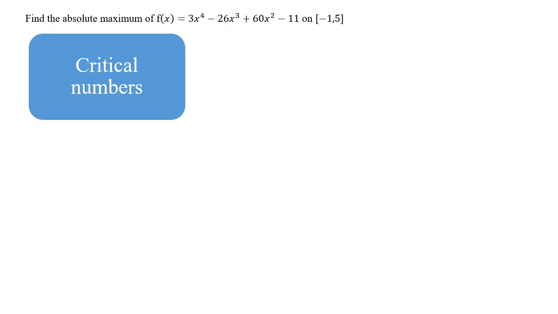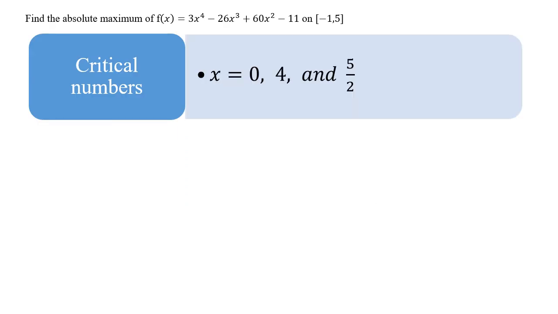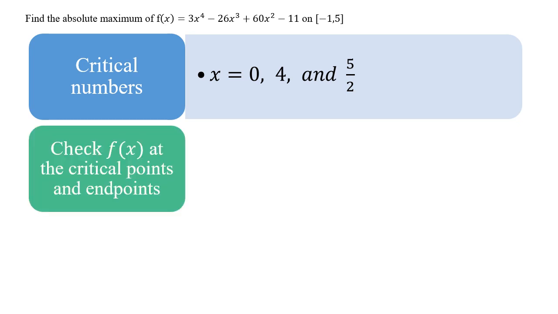And then once you find the critical numbers, again, we only find 0, 4, and 5/2. And then we're going to check the value of the function at those critical numbers, as well as at the endpoints, because the absolute maxima or minima only happen in two locations: the endpoint of a given interval or the critical number.